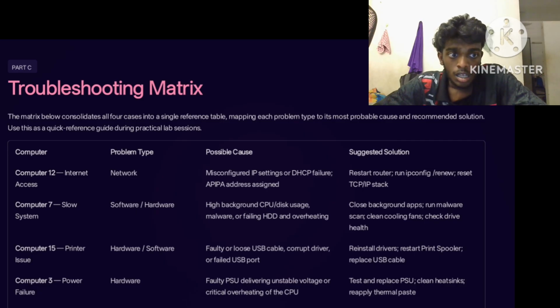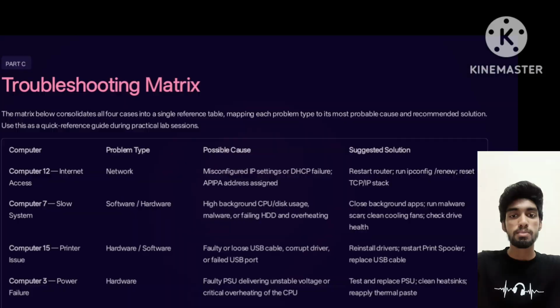So next, for part C, I'm going to present the problem: system is running extremely slow. Type of issue: software or hardware. Possible causes: too many background processes or overheating CPU.